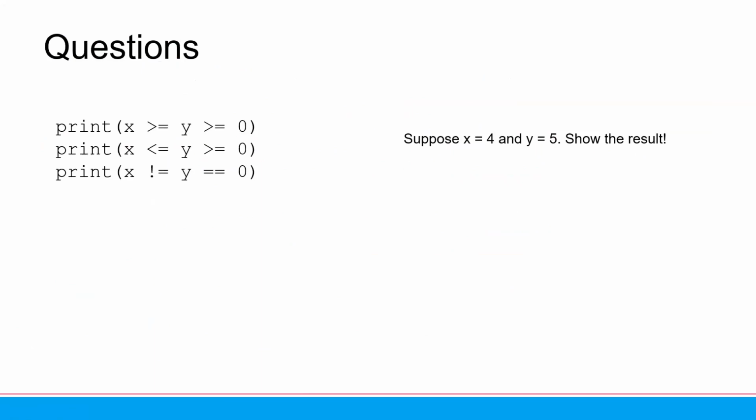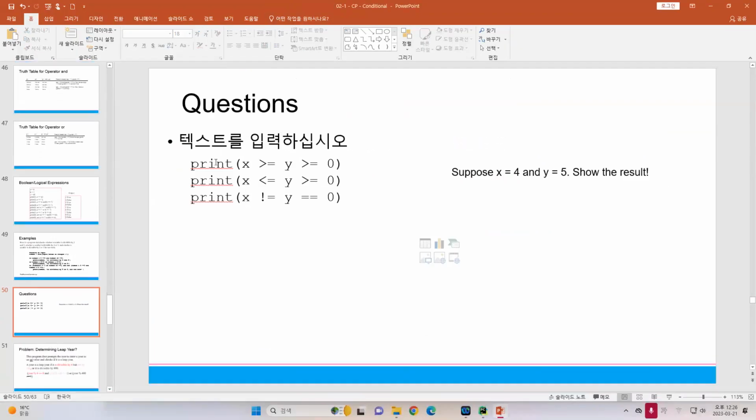False. 4 is higher than 5: false. 5 is higher than 0: true. So what is the final result? False. Let's check.